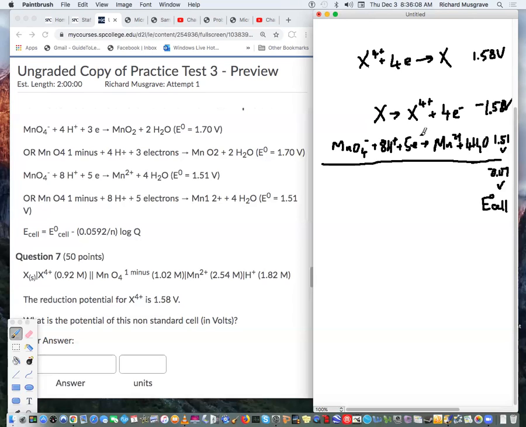And then in order to make this work, you've got 5 electrons and 4 electrons, which means it's going to be a total of, on the top, 5x, and then on the bottom, it'll be 4 MnO4 minus. Plus, let's see, 8 times 4, 32.